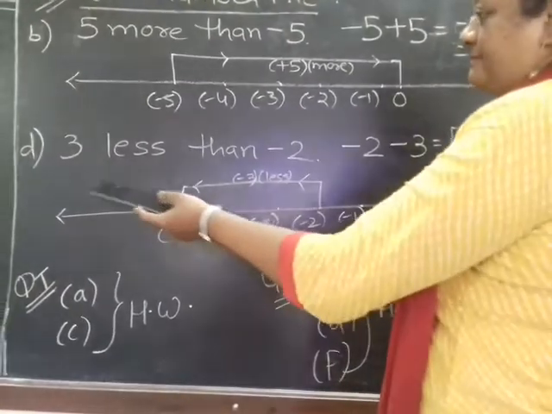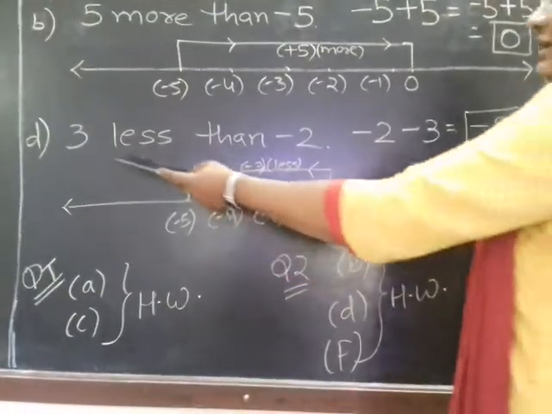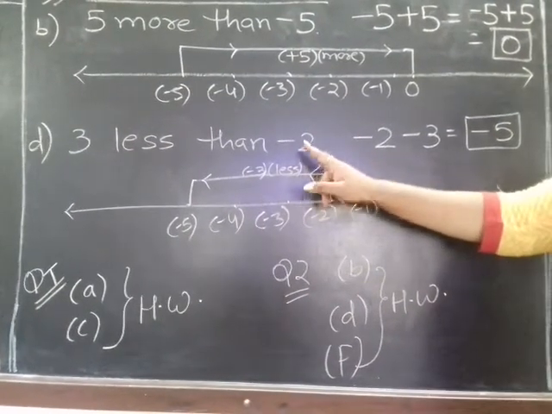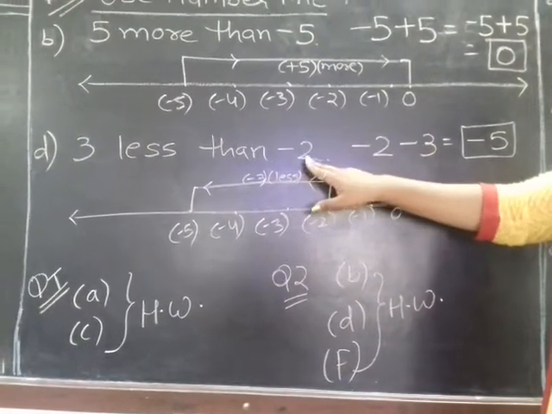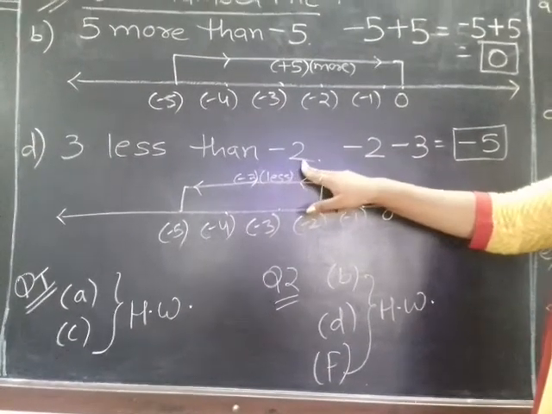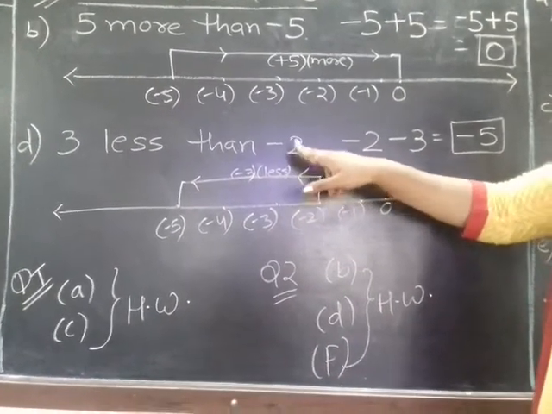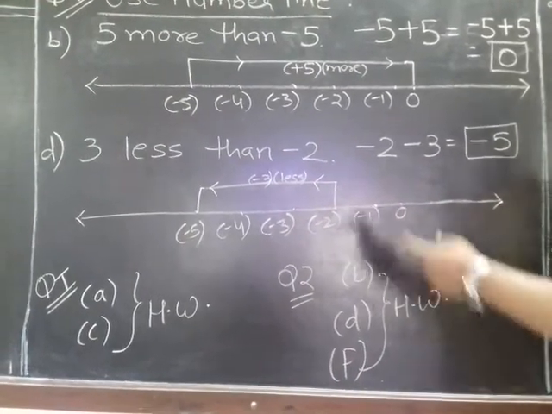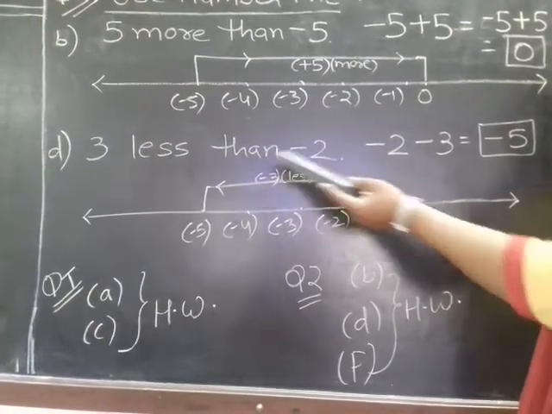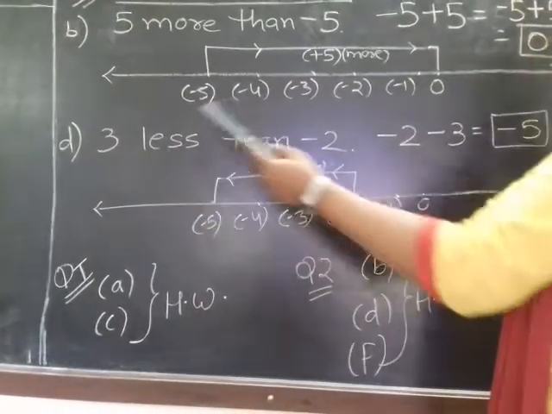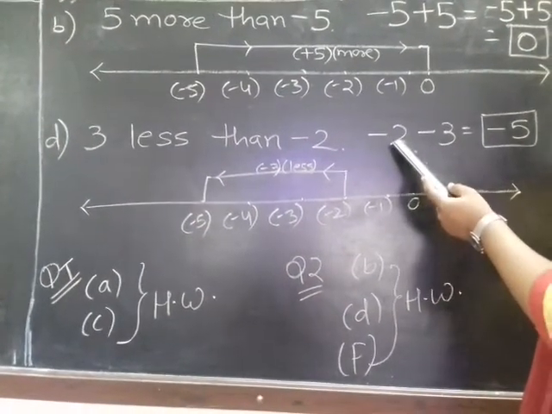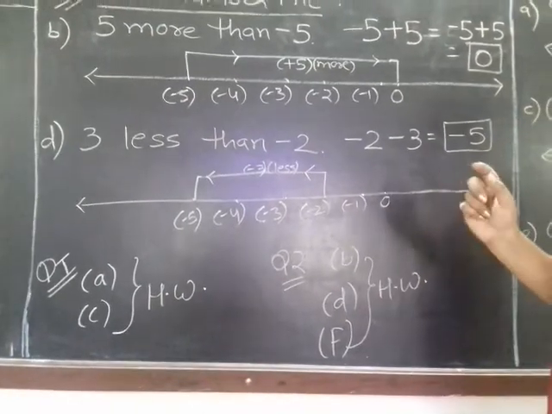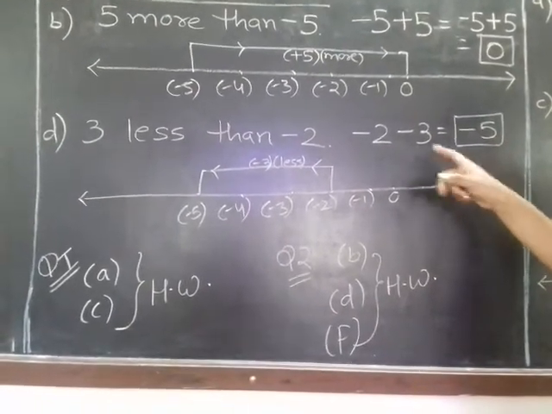Coming on to D of question number 1: 3 less than minus 2. We want 3 less, but compared to whom? With the minus 2. So this is our actual starting point from where we begin our number line. So first we will write minus 2. Now what do we want? 3 less. So 3 less means minus 2 minus 3. As again there is the word less, we will make an integer with a negative sign.